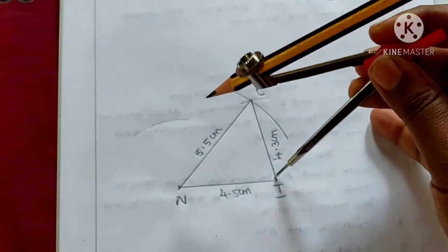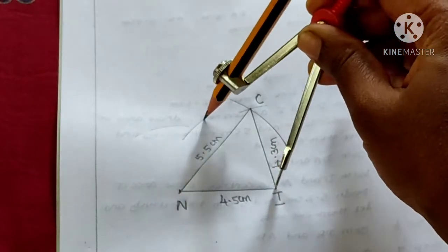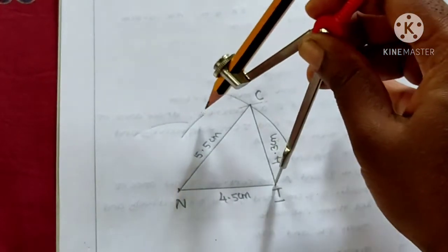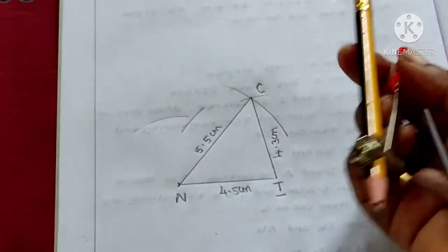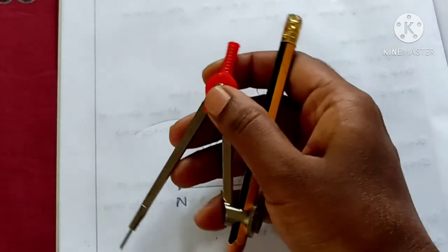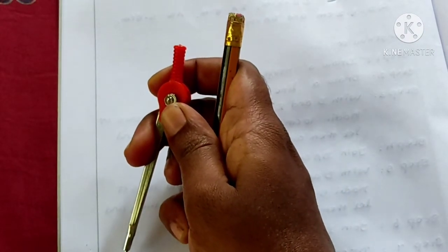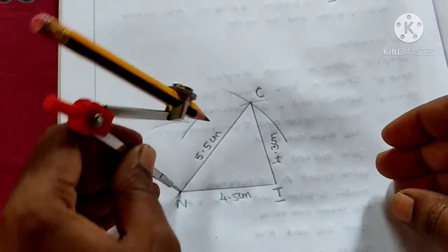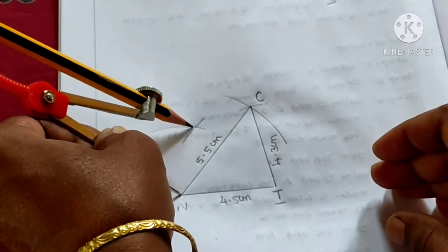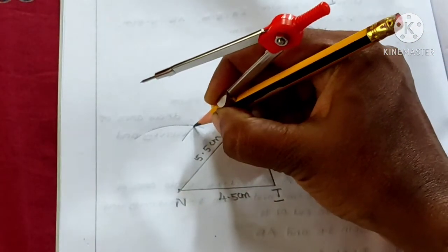I as the center, draw an arc of radius 5 centimeter. Okay, if the two arcs do not cut, then you extend the arc line. Again take 3.5 centimeter, extend the line. Now the two arcs are intersecting.